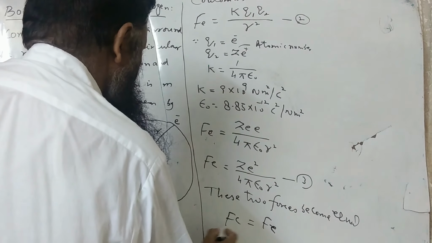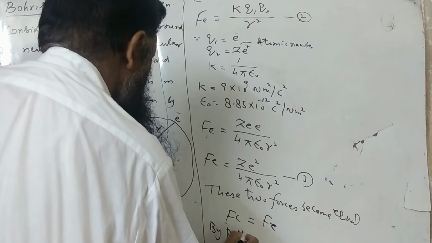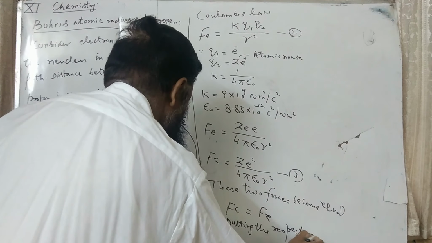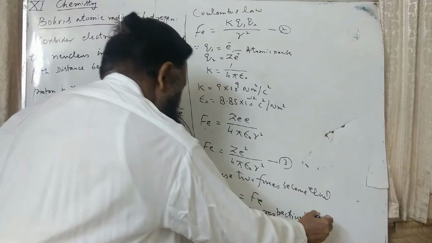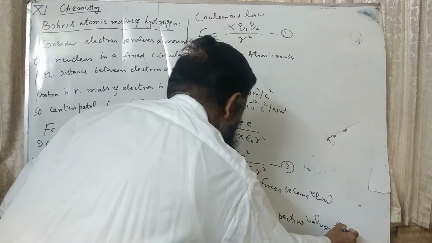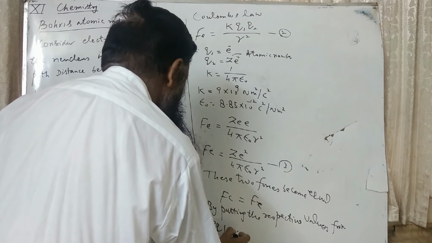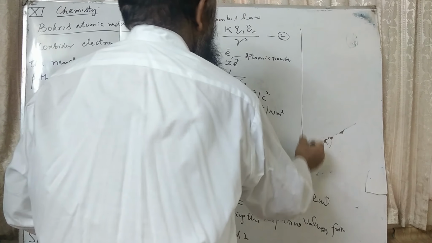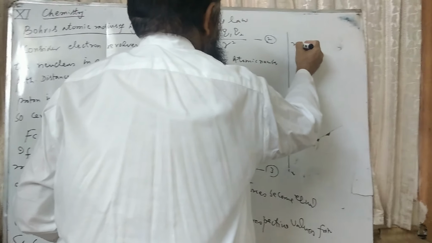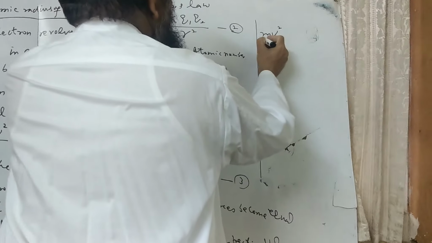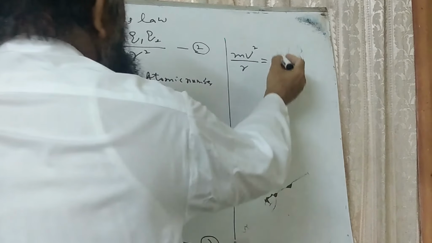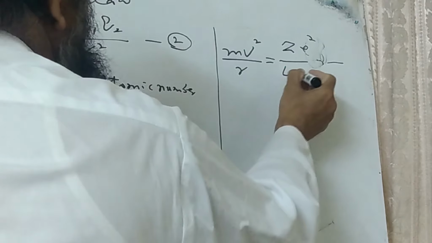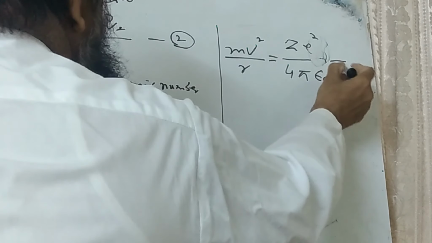Now by putting the values from equations 1 and 3, we get mv square over r equal to Ze square divided by 4 pi epsilon naught r square.